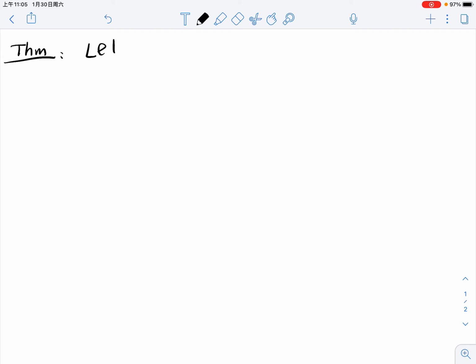So let n be the summation of n1 to nk, and each ni is greater than or equal to 1.